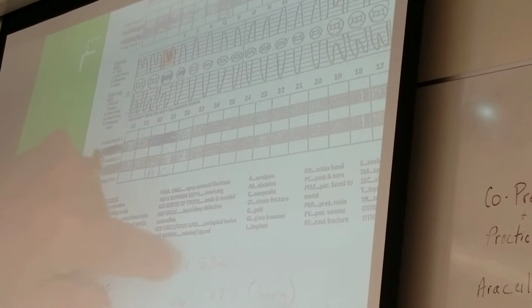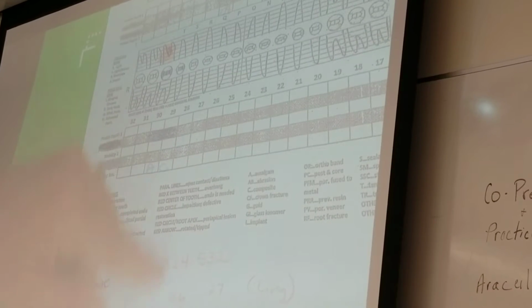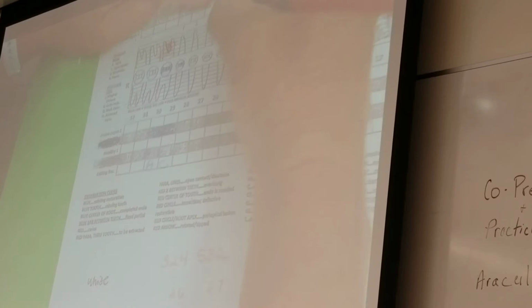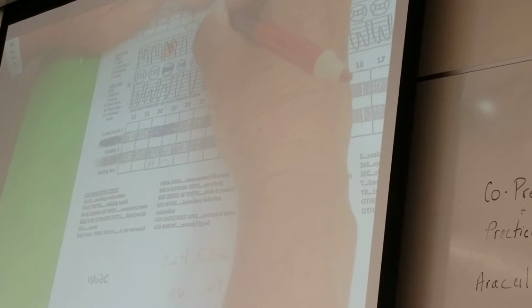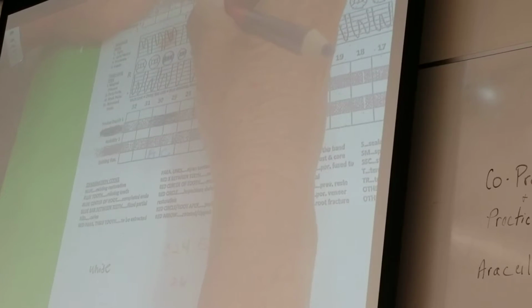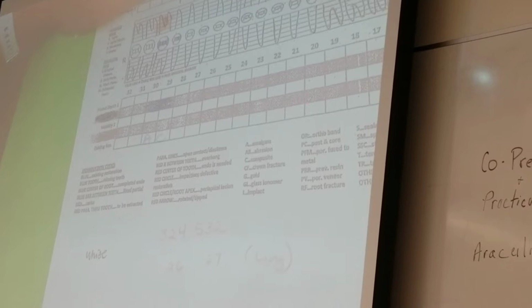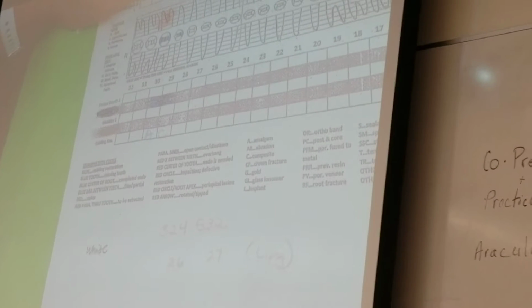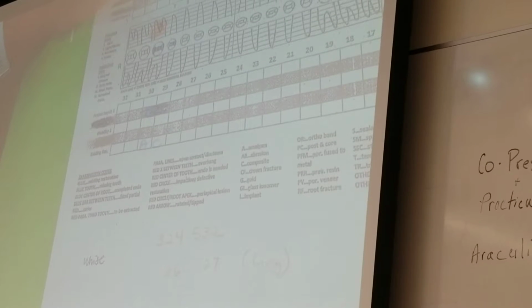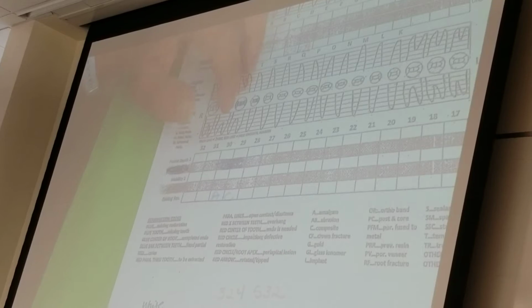Now, 27 is going to be 2, 3, 5. Do you understand? So you have to remember your sequence, you have to remember what's in red and what's in blue. Remember buccal and lingual.